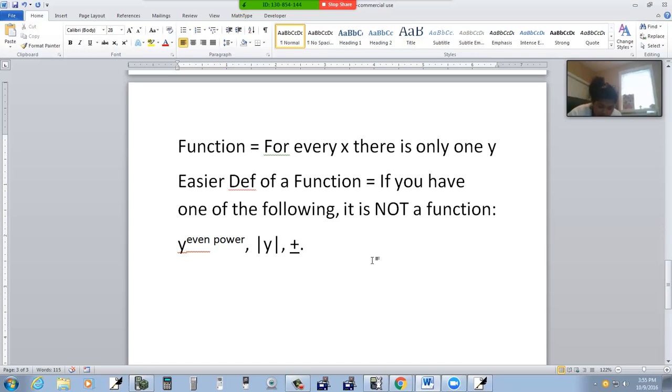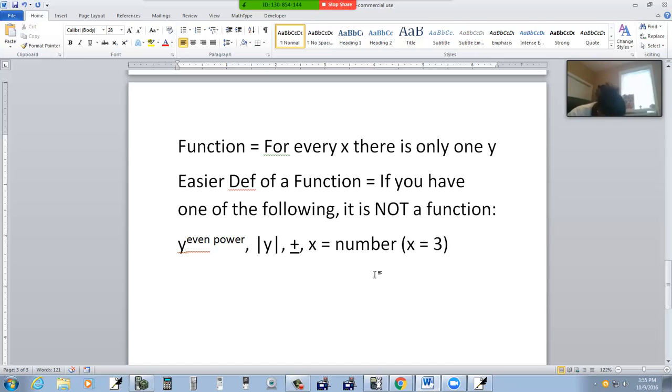There's actually a little bit more than that. If you got x is equal to a number, it's not a function. Like x is equal to 3. And there's still even more than that, but those are the real common ones we run across in algebra.